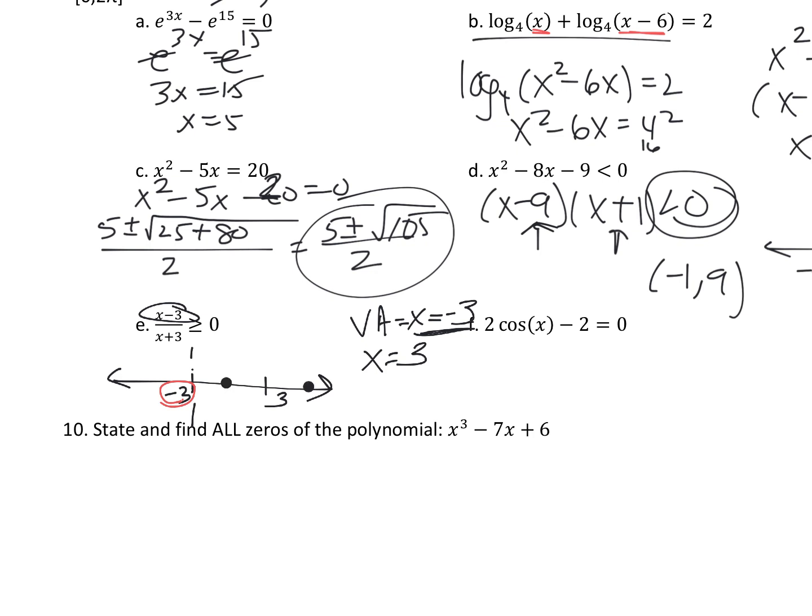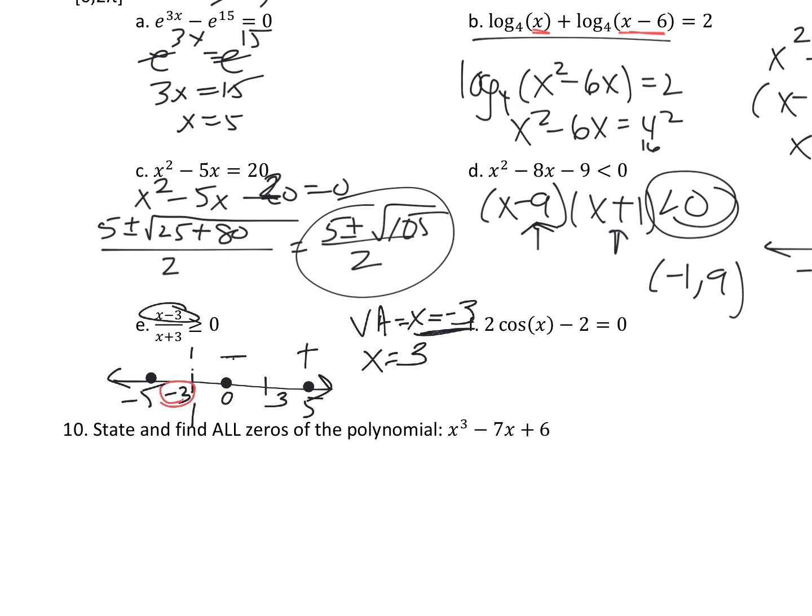So again, I'm going to get some testing points on each side, 0, 5, and -5. So if I plug 5 in, I get 2 over 8, so this is a positive term. If I plug in 0, I get -3 over positive 3, so that's a negative term.